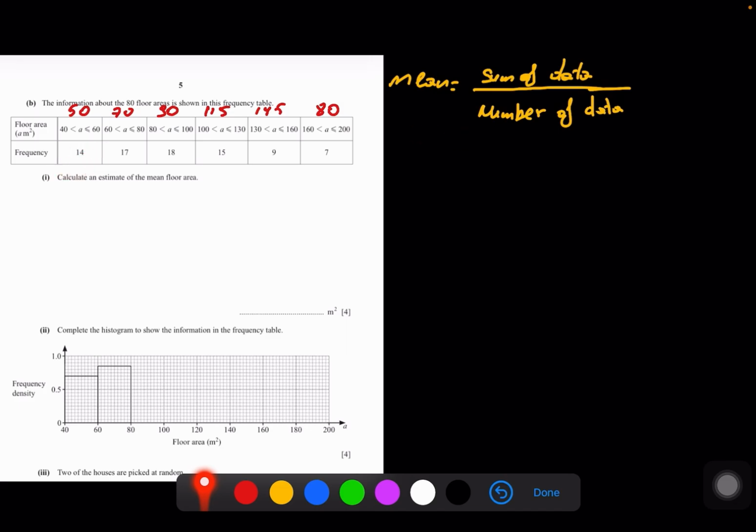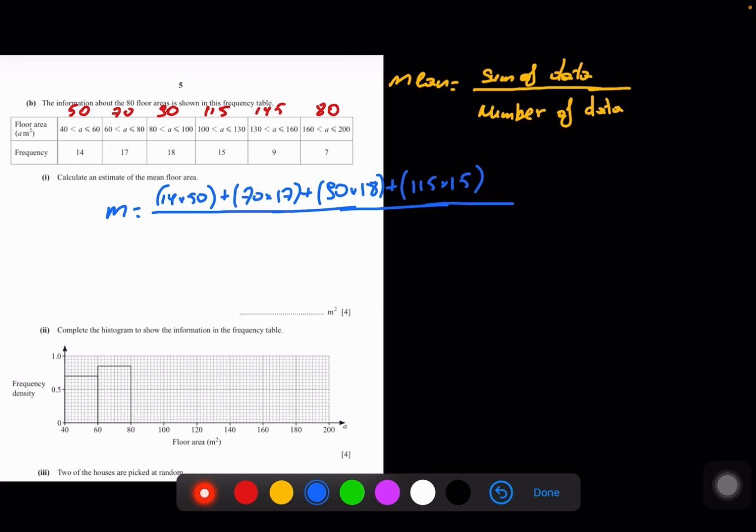And the frequency means there are 14, 50, there are 17, this kind of data. That's why, in order to find the sum of data, we have to multiply each frequency by its midpoint. The mean equals 14 multiplied by 50 plus 70 multiplied by 17 plus 90 multiplied by 18 plus 115 multiplied by 50 plus 145 multiplied by 9 plus 80 multiplied by 7, divided by the number of data, which is 80.